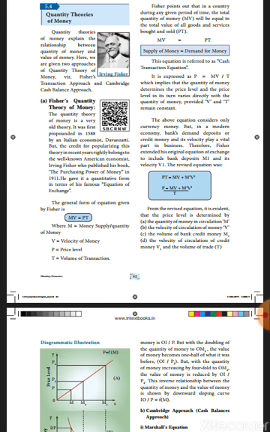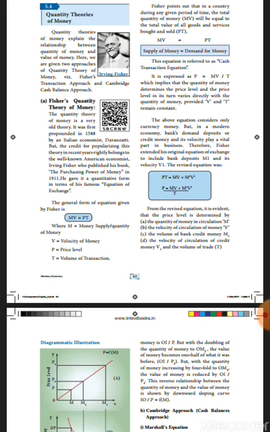So what does it represent? Price level is determined by the quantity of money in circulation M, velocity of circulation of money V, volume of bank credit money M1, velocity of circulation of credit money V1, and volume of trade T. M refers to quantity of money in circulation.